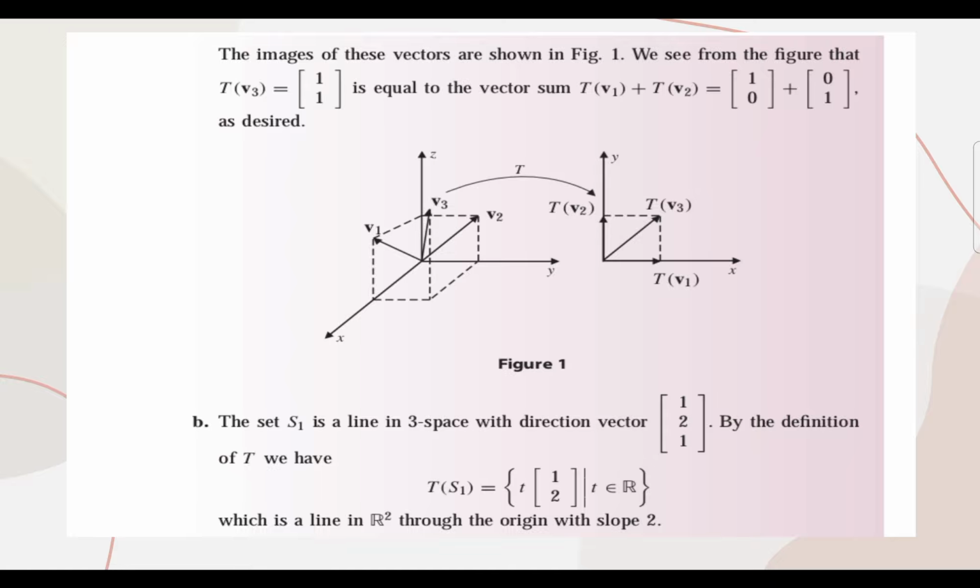Then, in letter B, the set S1 represents the line through the origin in R cubed with direction vector (1, 2, 1). So, by the definition of T, T(S1) = {T(t, 2t, t) : t is an element of R} = {(t, 2t) : t is an element of R}, which is a line in R squared through the origin with slope 2.